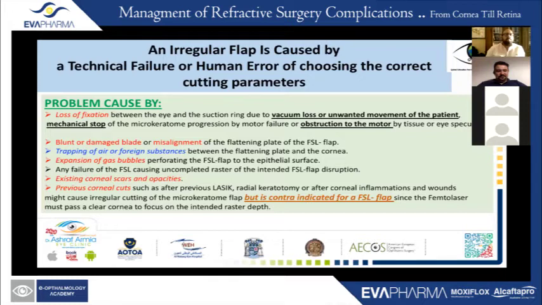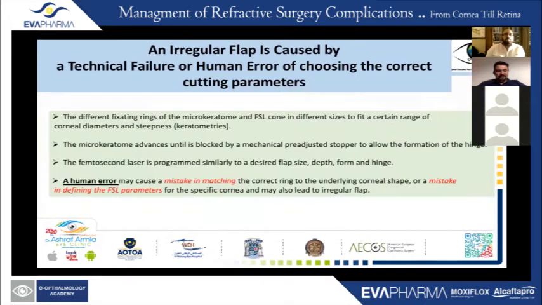It may pass into the clear cornea. It is very important to know that human error may cause mistakes in matching the correct ring or the underlying shape. It's also a mistake in defining the femtolaser parameters for special corneas.